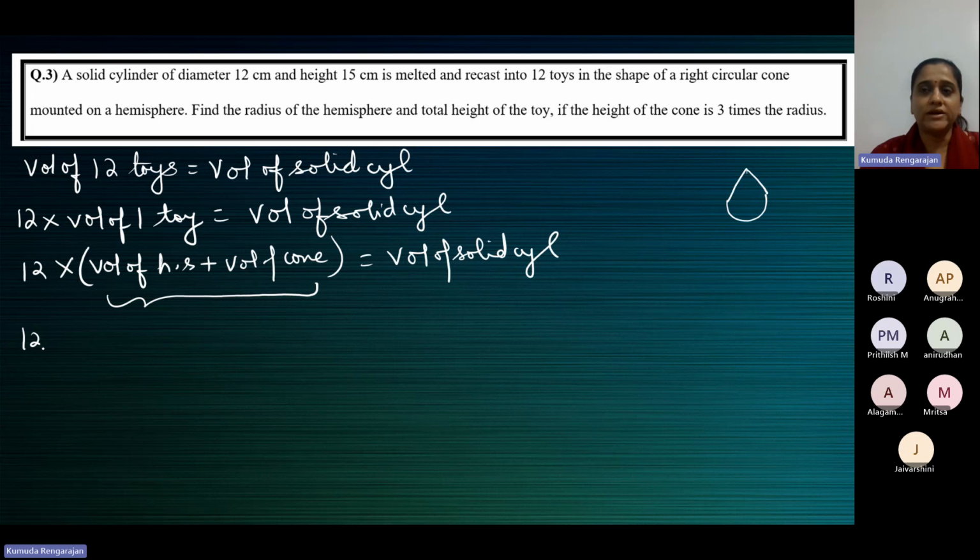Now 12 into formula to find the volume of a hemisphere: 2 by 3 pi r cube. Very good. Plus cone.